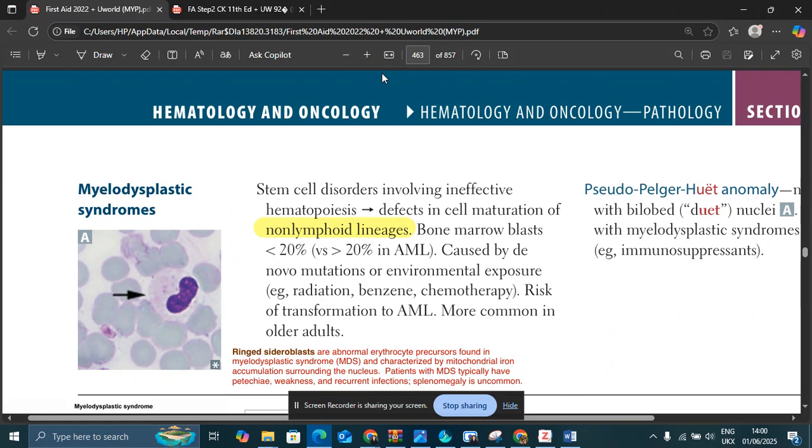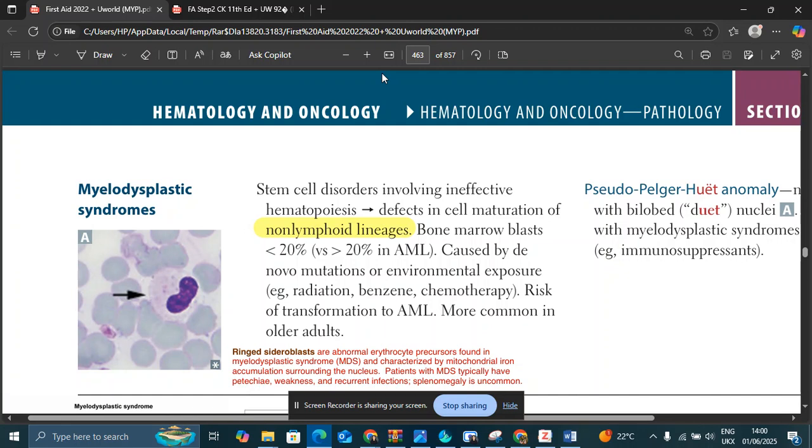You also see an increased number of blast cells in the bone marrow, but those blast cells will be less than 20%.